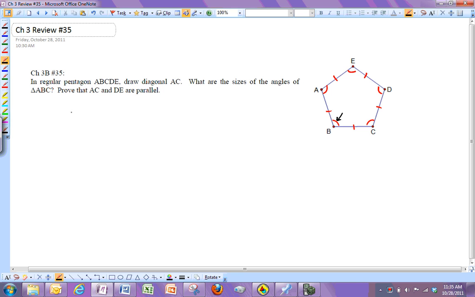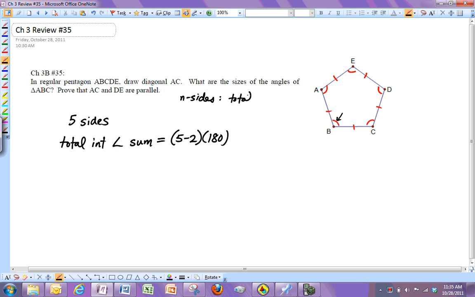So I know that since it's a polygon with 5 sides, the total interior sum is going to be 5 minus 2 times 180. Because remember, for an n-sided shape, the total degrees equals n minus 2 times 180.